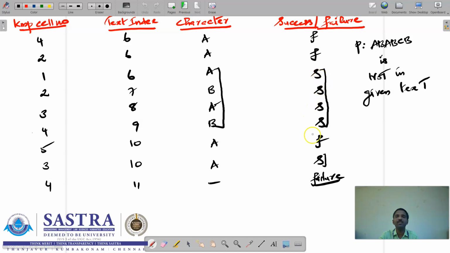Finding the 6 successful searches, we mark here 6 successful searches, and finding where the first S is available corresponding to that text index, we can easily conclude the pattern starts at that text index.